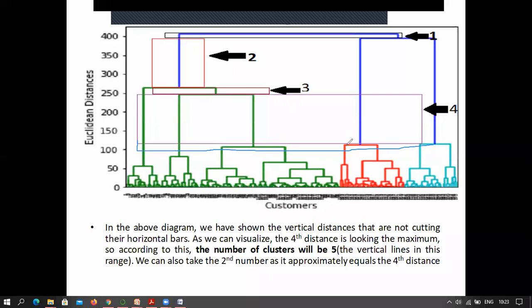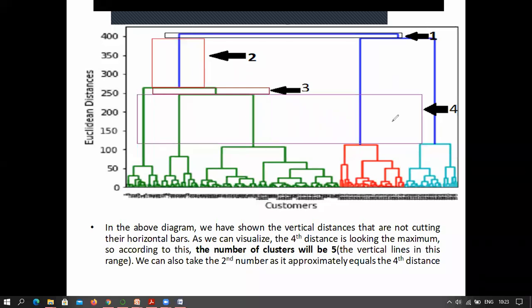Because this rectangle will have these two horizontal lines. It should not cut any of these lines. So one rectangle that I can make over here is this one. Another rectangle is this one, a third one, and one rectangle is this one. And another one over here, a very small rectangle, is this one.